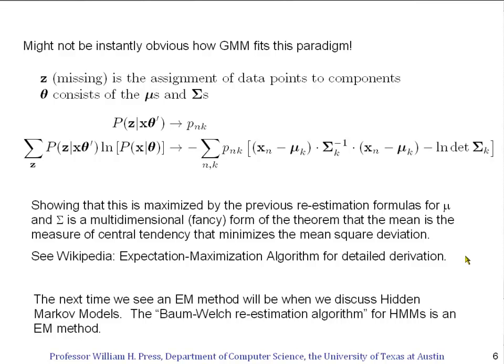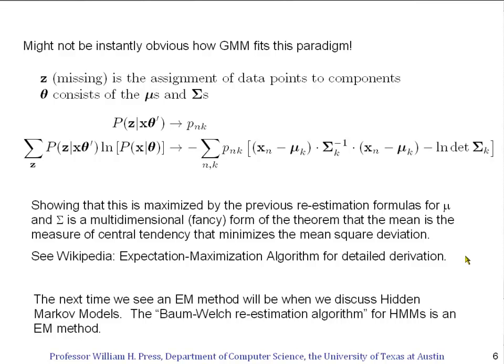So this has been a very general treatment of EM methods, but we're going to see them again in some practical applications later on when we discuss hidden Markov models. And the so-called Baum-Welch re-estimation algorithm for hidden Markov models is very directly an EM method. There are all kinds of other EM methods around, and every once in a while you have a problem which has this general character.